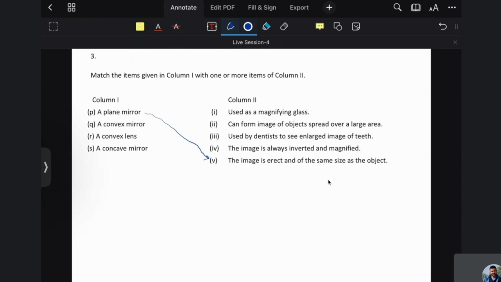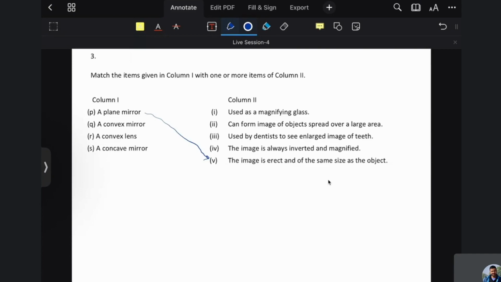Then for Q, a convex mirror. As you know, a convex mirror always forms a virtual image, and virtual images are diminished in size, right?